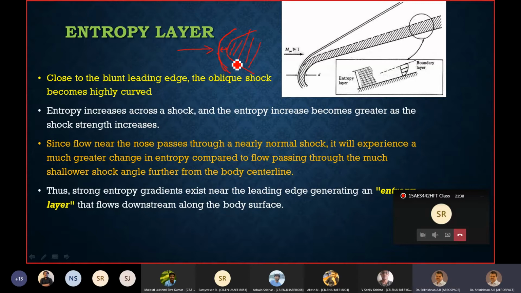Or let me make it simple: what is the difference between a bow shock and an attached oblique shock? Let me rephrase this question. Is it like an oblique shock or is it like a normal shock?